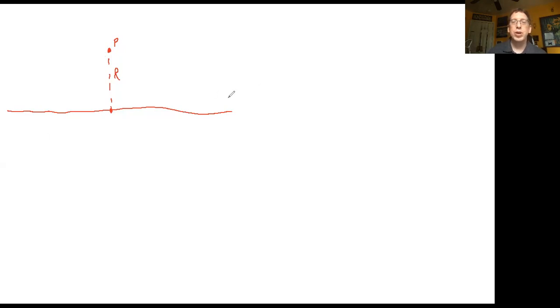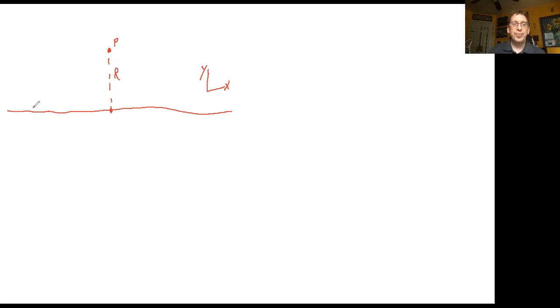And so we're going to put it in the positive x direction. So we'll set up xy coordinates to do this. So you have the line pointing in the x direction.